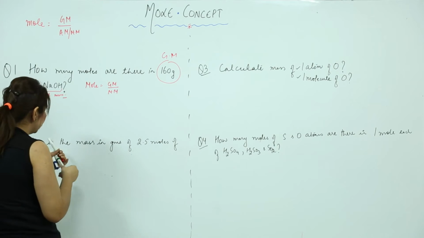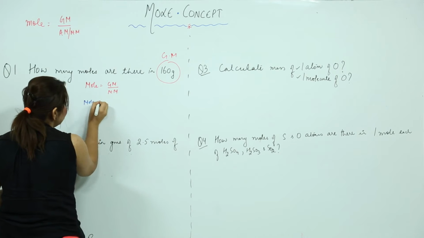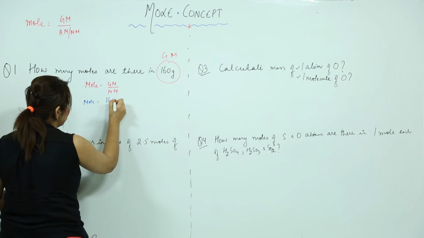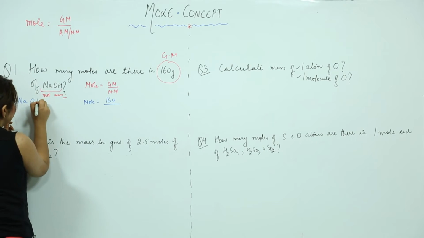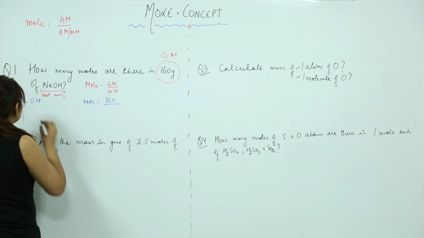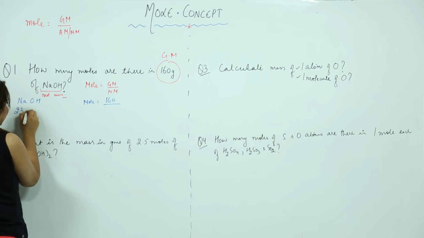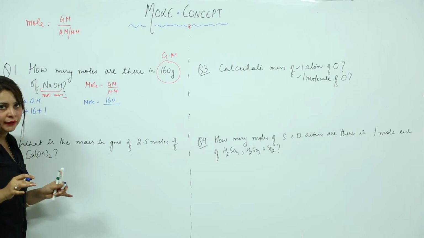So putting values in the formula, what is the given mass? It is 160. And what is the molecular mass? We need to calculate. So I am just calculating here. We need to use atomic mass for calculating molecular mass, you know that, right? So Na atomic mass is 23, oxygen atomic mass is 16, hydrogen atomic mass is 1.